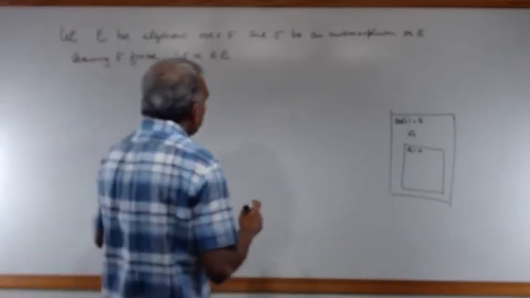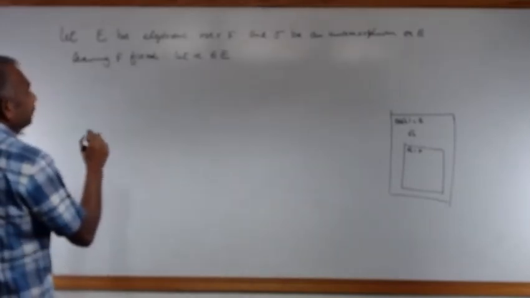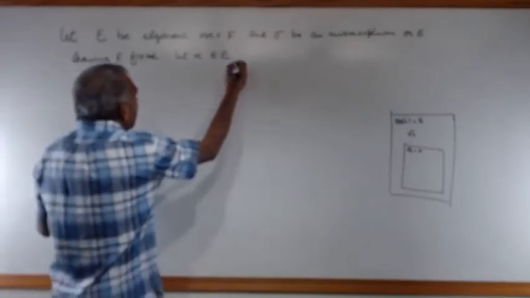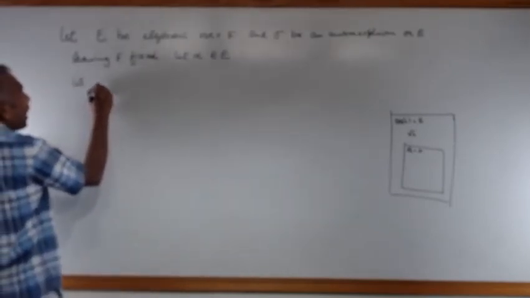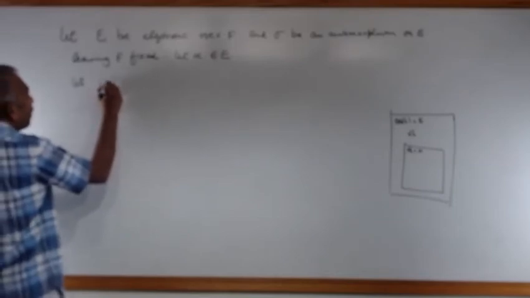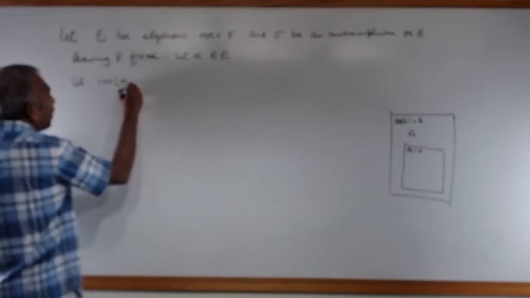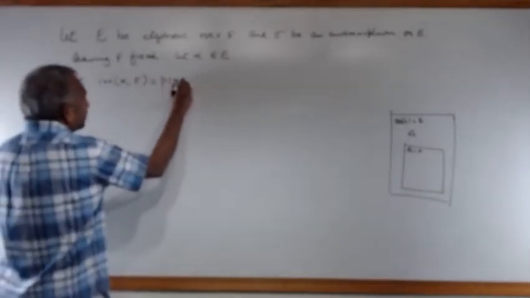Then let the irreducible polynomial of alpha over F be equal to p of x, of degree n.